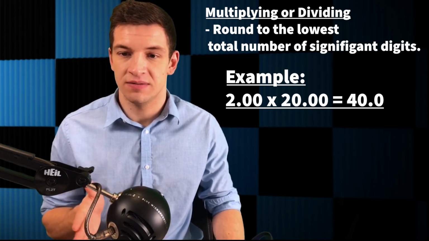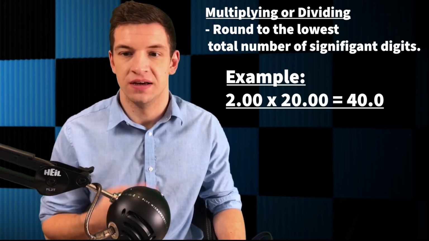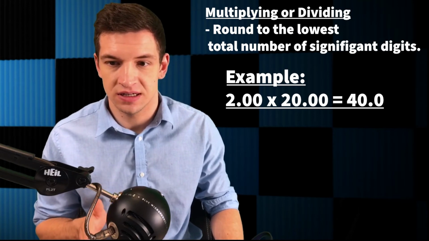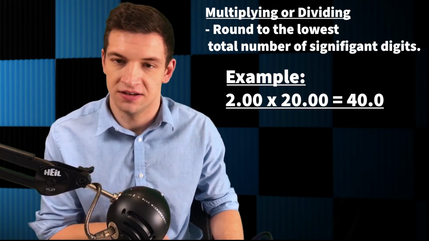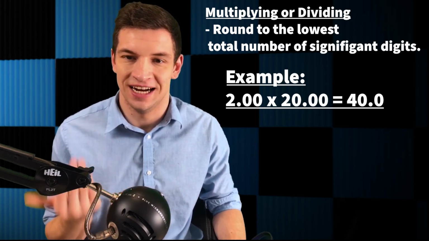So we look at this and we go 2.00. How many significant figures in there? 3. Then we look at the next number, 20.00. They're all trailing zeros, and the 2 is between 1 and 9. So there's 4 significant figures in there.